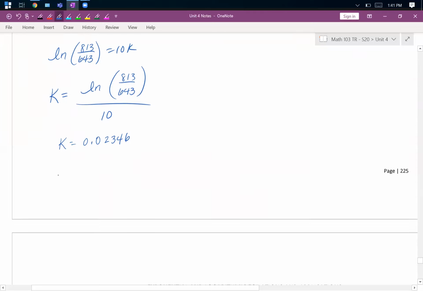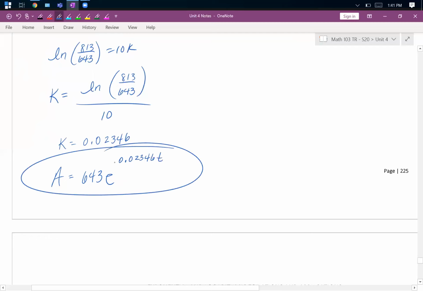So we're going to rewrite our general equation, plugging a sub 0 and our k value in. We get A to be equal to 643 times e to the 0.02346 t power. And that's the equation we'll use to answer our question in part B.